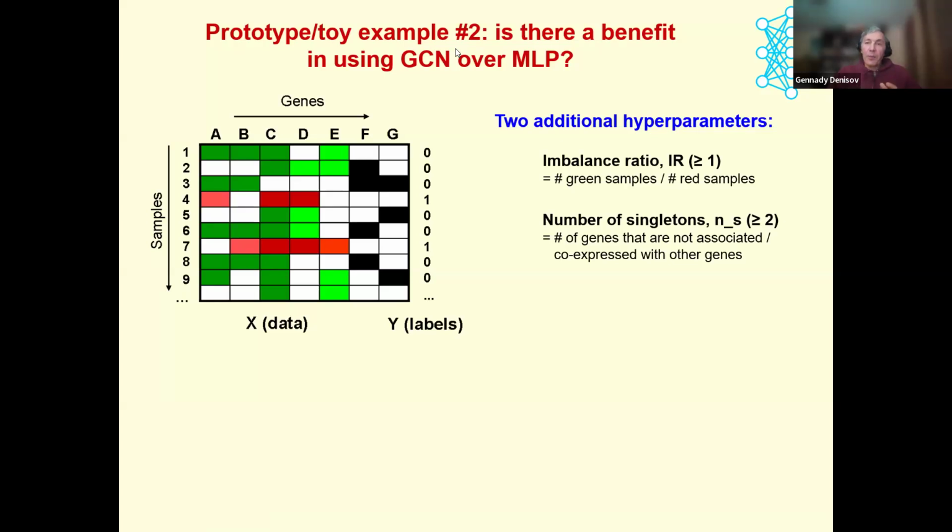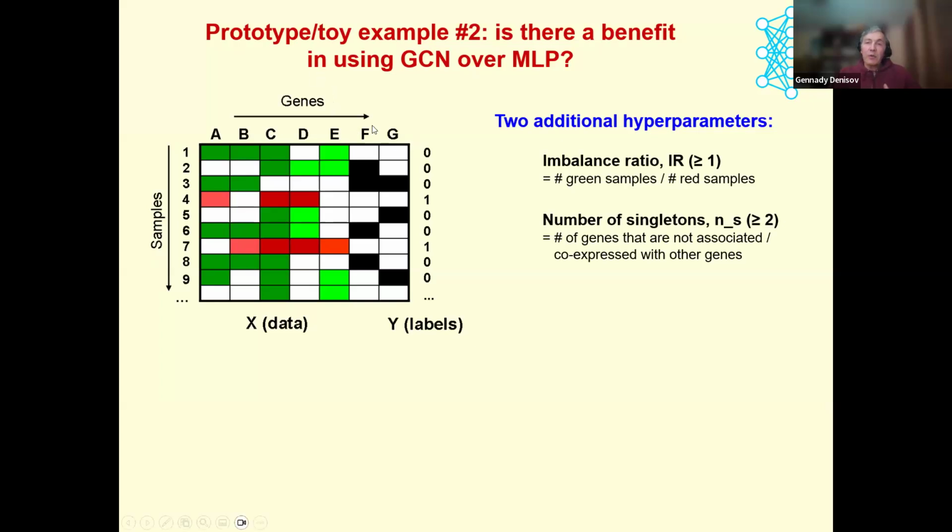The specific point I want to make is about when the use of a graph convolutional network may be beneficial, compared to more traditional networks.